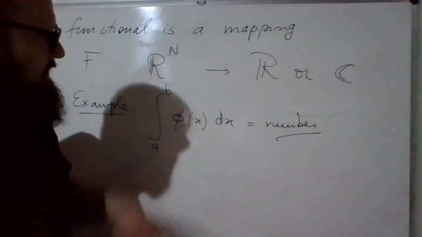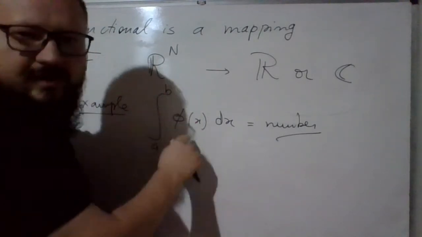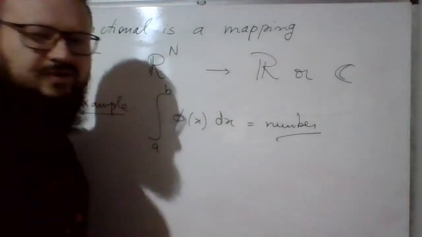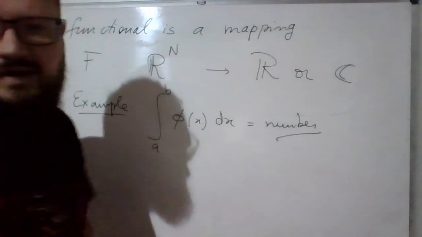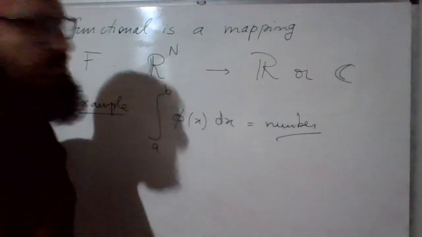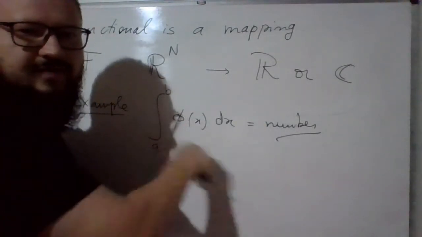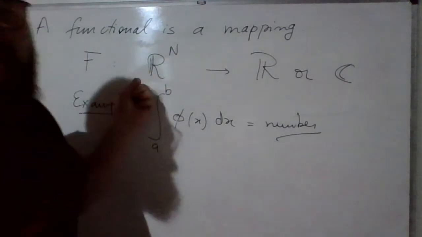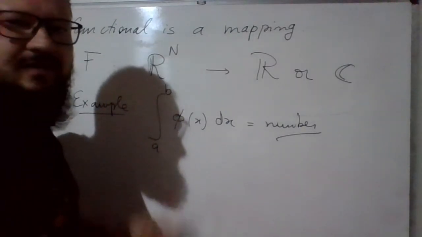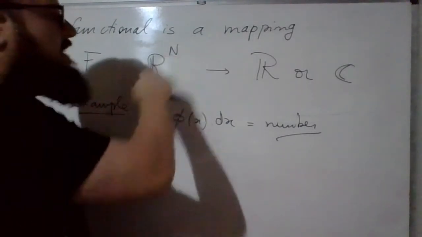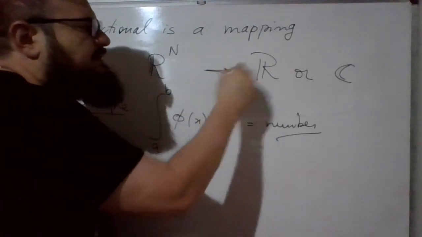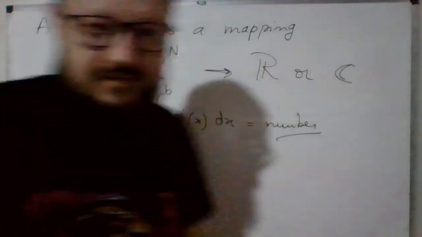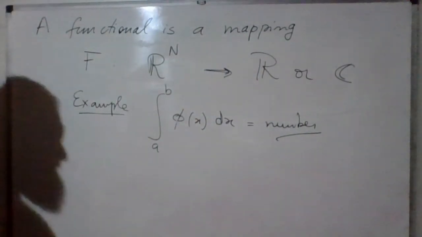This picks up all the values of the function phi and produces a real number if this function is real, but it could be complex. So a complex function produces a complex number. So it is a mapping of a vector space, real numbers in n dimensions, and it produces a single real value. Okay, so this is from a mathematical perspective what is a functional.